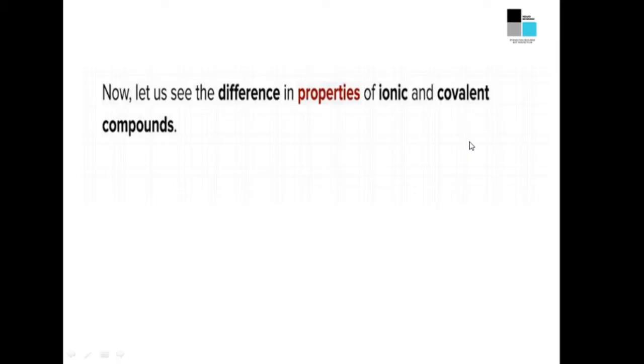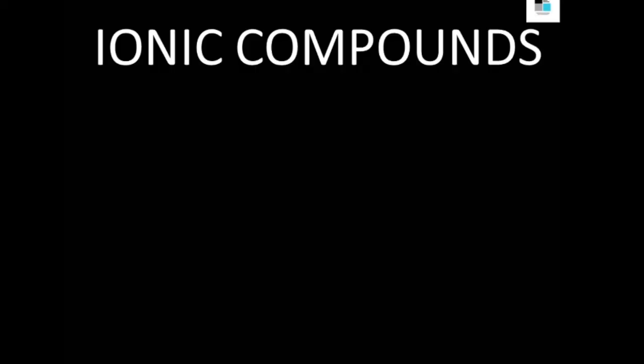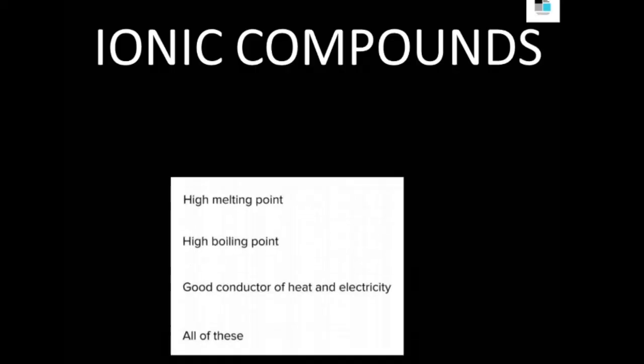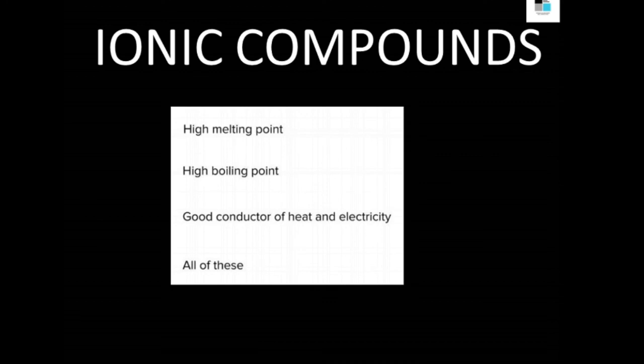Now let us see what is the difference in the properties of ionic as well as covalent compounds. Let us differentiate on the basis of their properties. Now we know that ionic compounds are formed by a strong electrostatic force of attraction, because there are two charged particles, ions, in the ionic compounds.